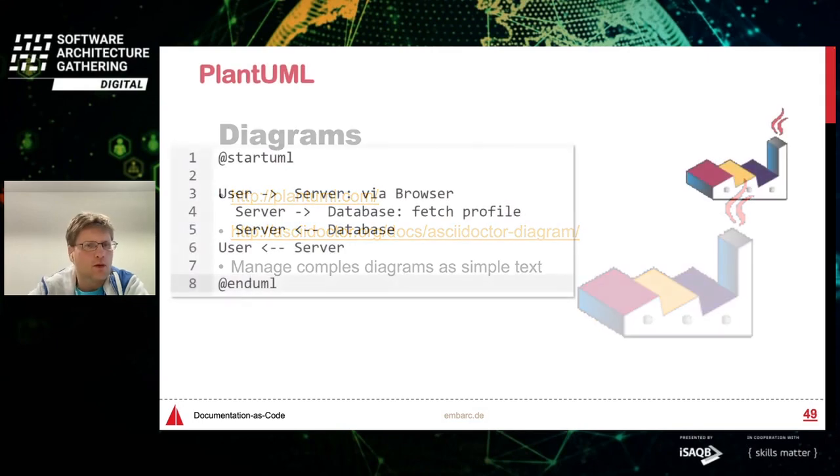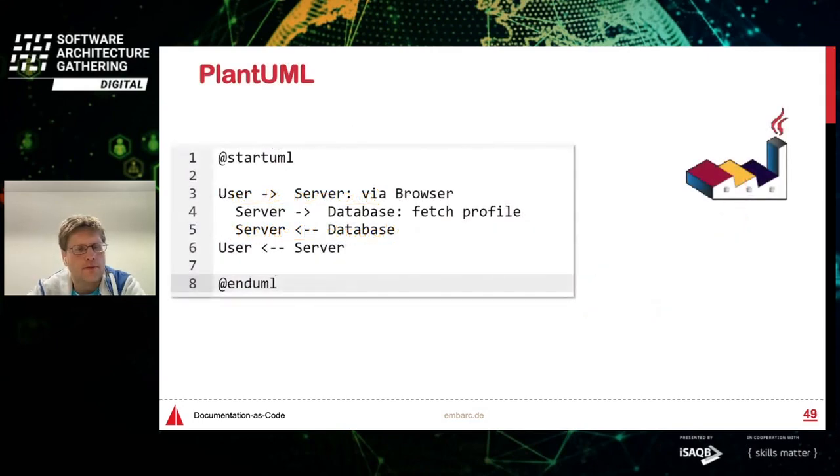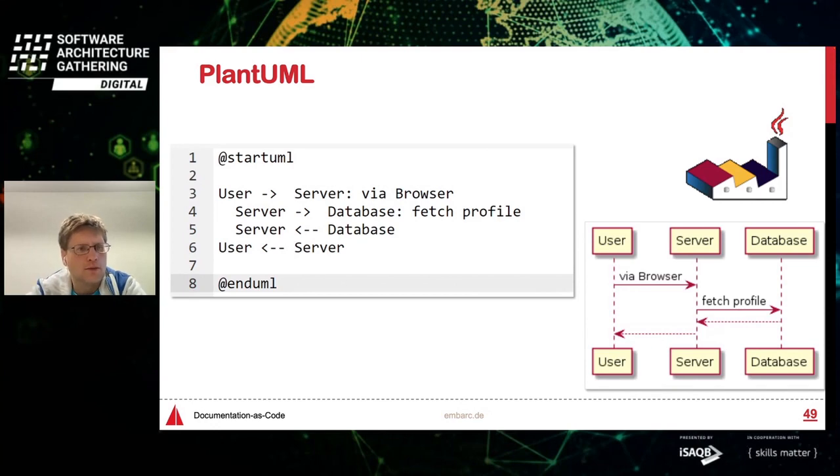Let's have a look. Let's have a look at a small example. blend-UML understands most of the UML standard, so also something like sequence diagrams. And I can show you what will be generated from this text on the left-hand side.